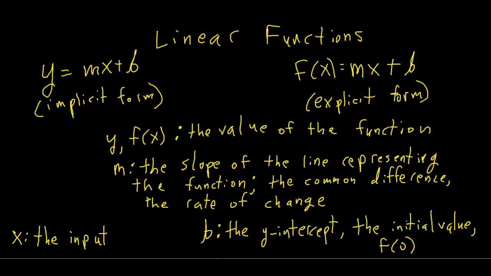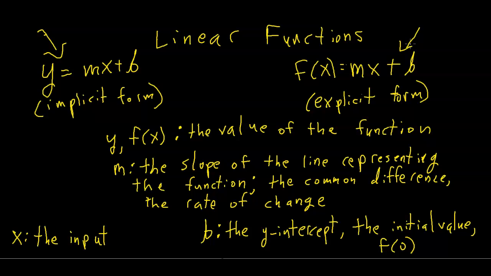So the function relationship can be modeled by a straight line. Remember the familiar equation for a line is y equals mx plus b. We're going to call that the implicit form if we're talking about linear functions. And the explicit form is just writing f of x equals mx plus b, explicitly letting everyone know that this is a function.